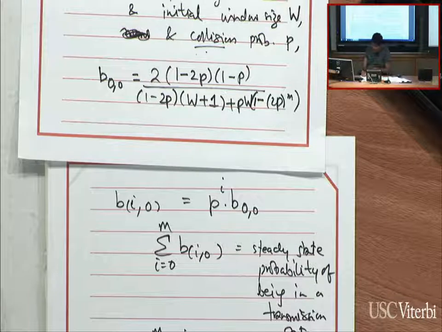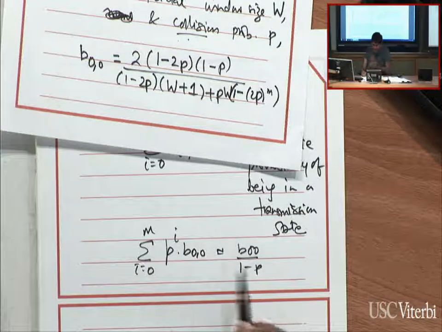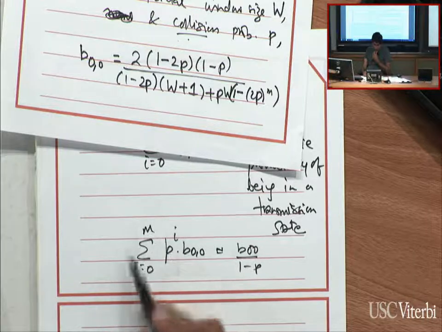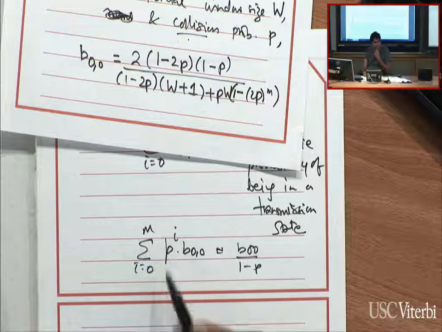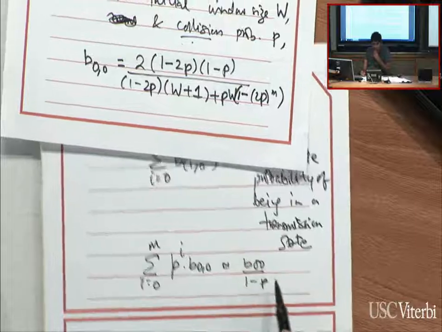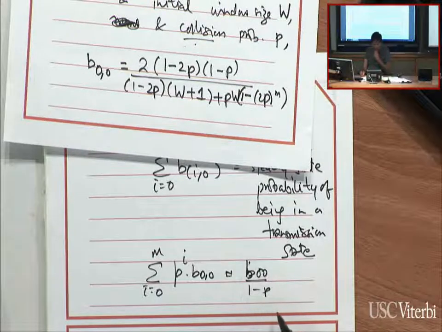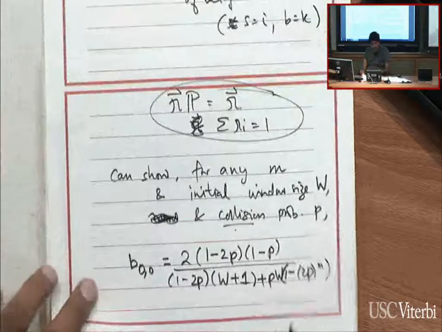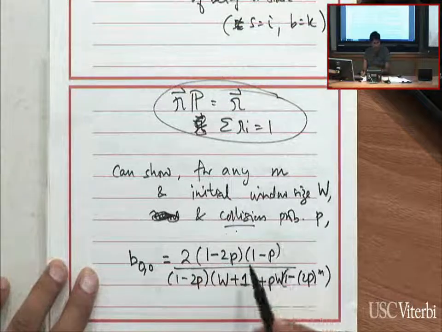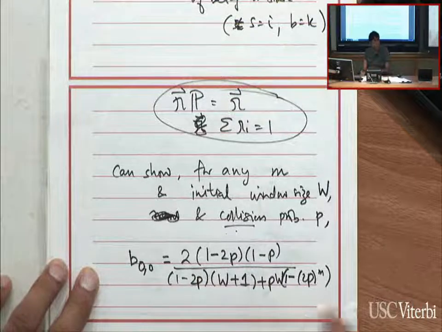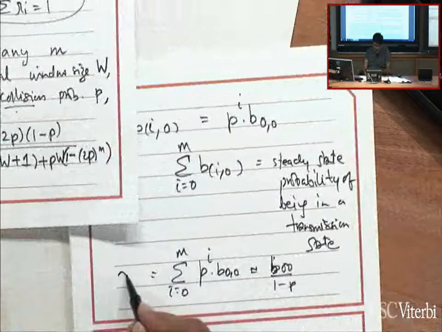And the paper says that this is equal to b00 over 1 minus p, but really I think that's more of an approximation, because this is a geometric series with a finite number of terms, so there are actually some other components there. But roughly speaking, it's like b00 over 1 minus p. And we know the expression for b00, so we divide by 1 minus p, simply get rid of this term over here. So this whole thing simplifies, and we're going to call this expression tau.